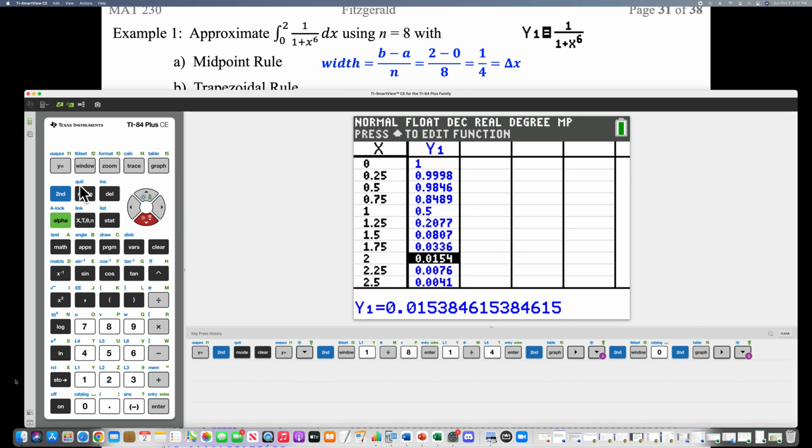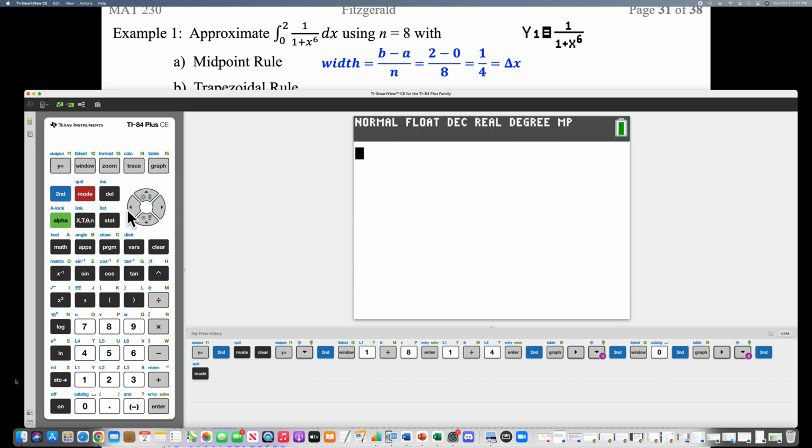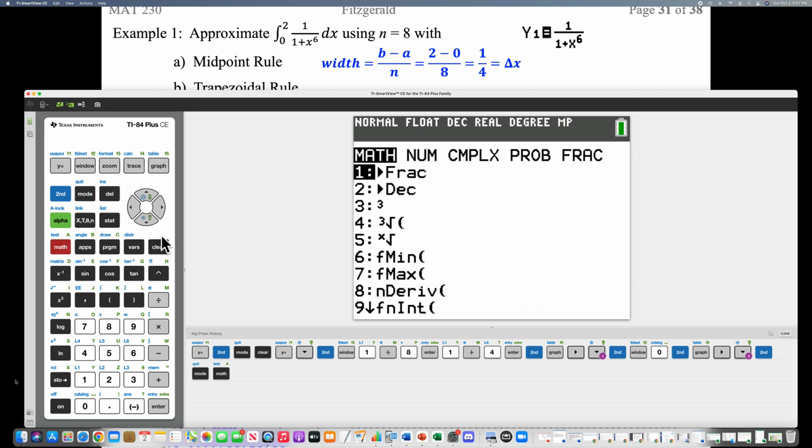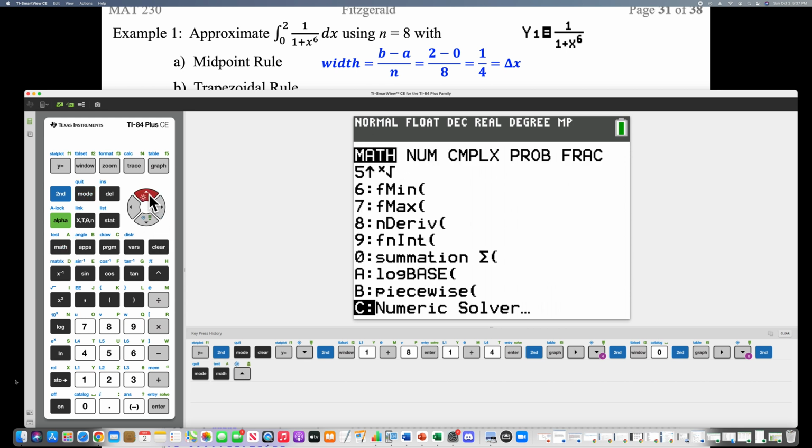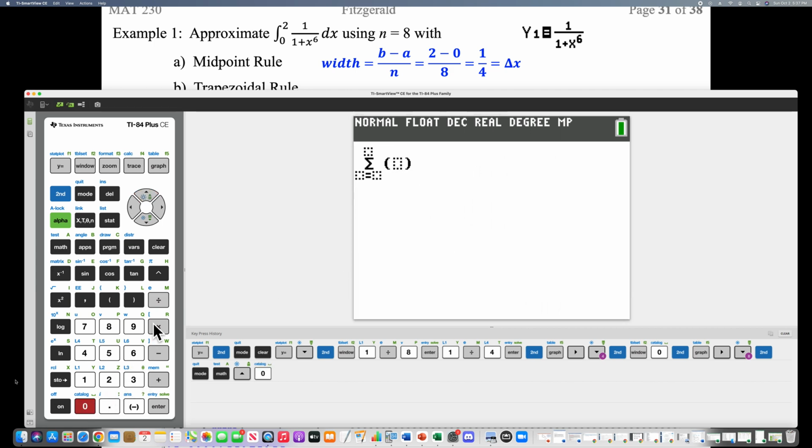Now for the summations, so second mode, back to the home screen, under math, you scroll up, summation is at 0, and we can put in x goes from 1 to 8.